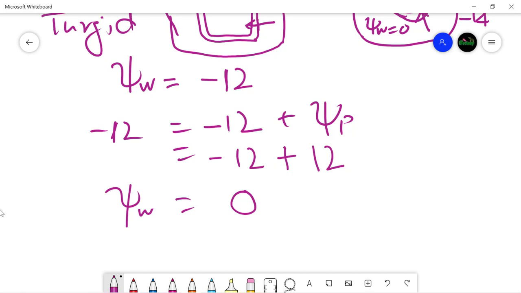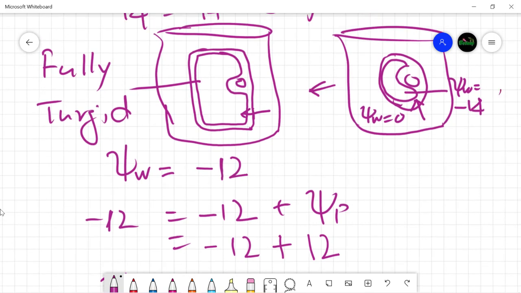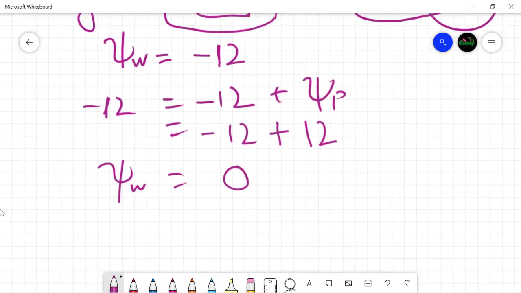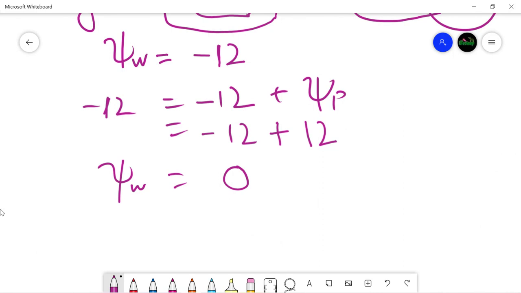So its water potential has become 0, but not from the initial state, which was minus 14 bars. Its water potential has become 0 because a certain amount of water has entered the cell, making its solution less negative, or raising its water potential.